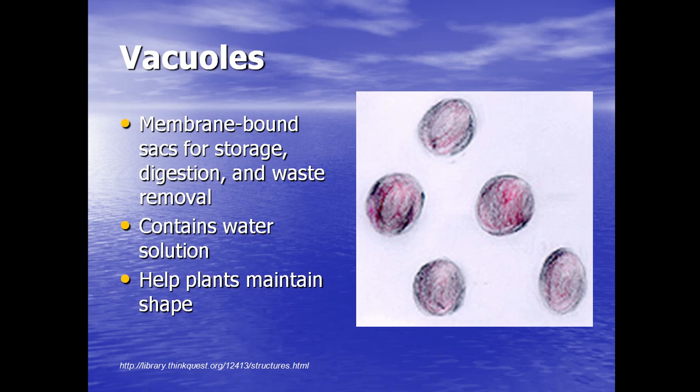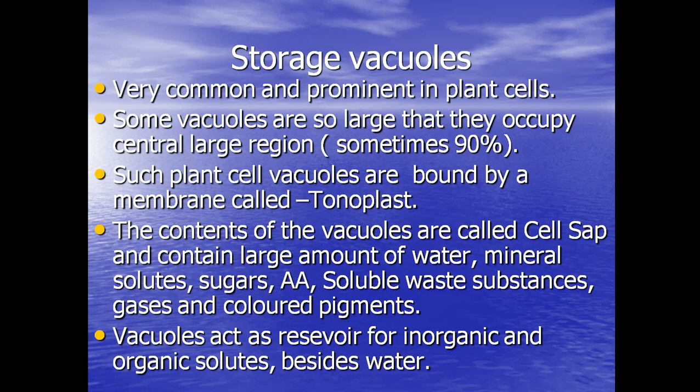Mostly they contain a watery solution inside. Especially in plants, there are some plant cells where 75% of the inside is nothing but vacuoles. So thus they help in maintaining the shape also.